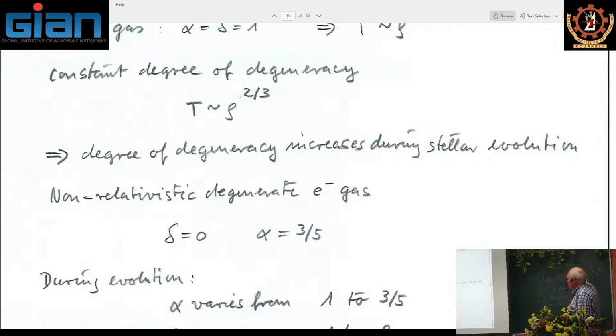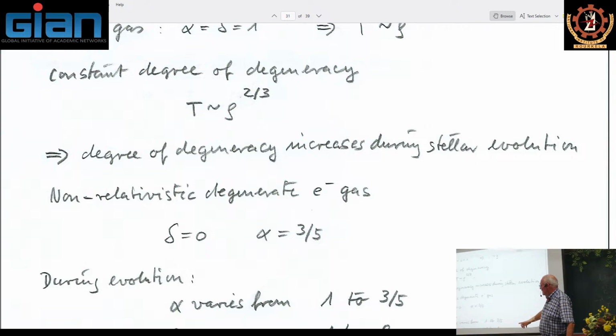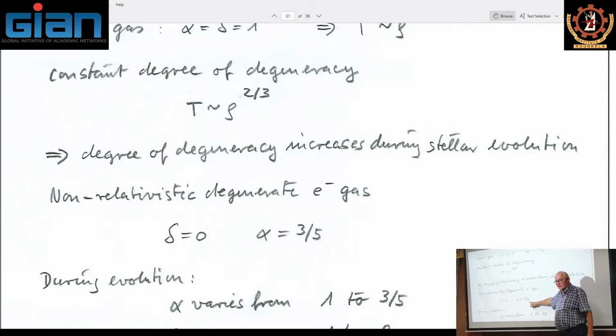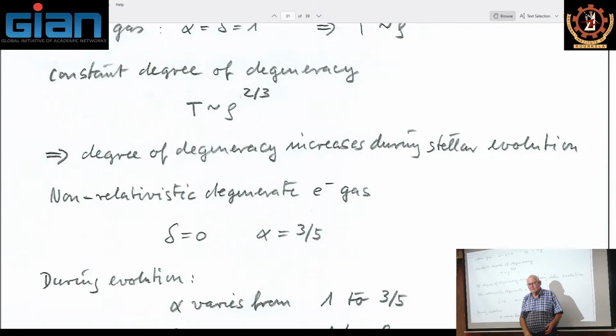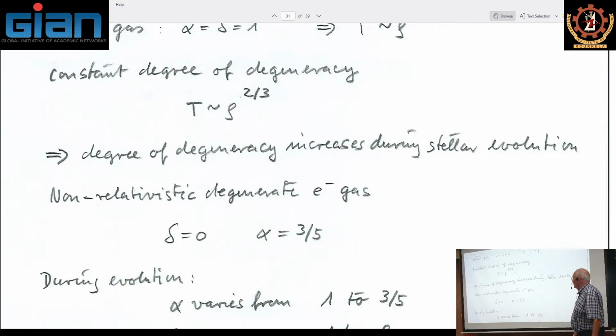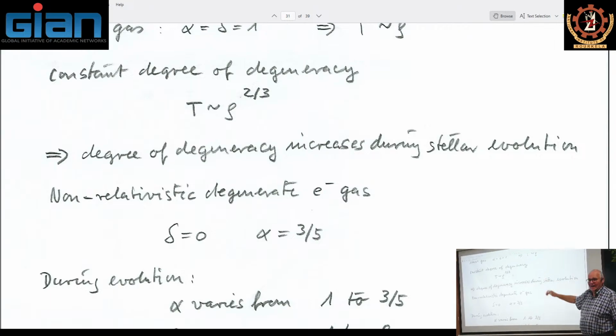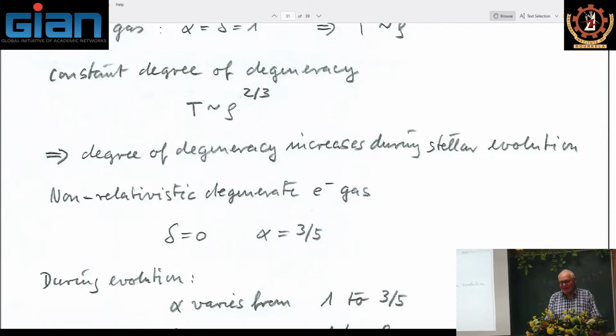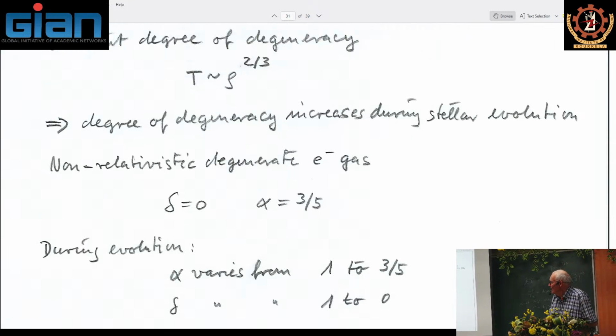So the alpha, which is d log rho by d log P, is 3/5 for non-relativistic electrons, and the temperature drops out as a parameter, so the derivative of the density with respect to temperature is 0.